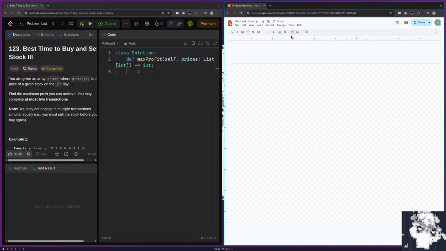So let me actually come up with some edge cases instead of looking at a random thing. Let's start with something easy. Let's say we've got this. So obviously the best 2 transactions are buy here, sell here, buy here, sell here.